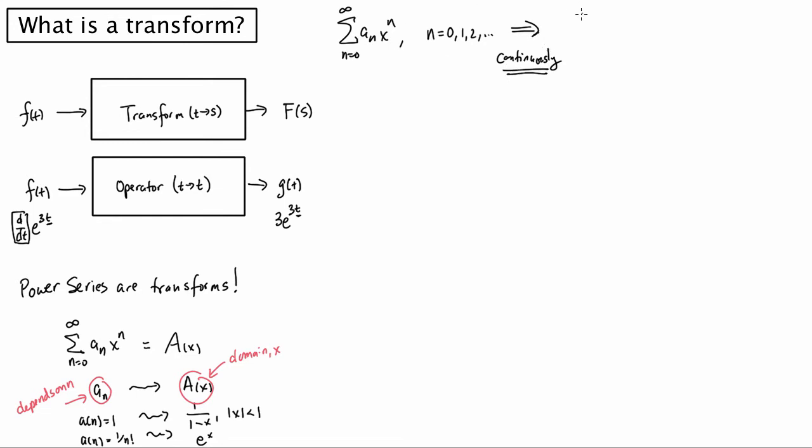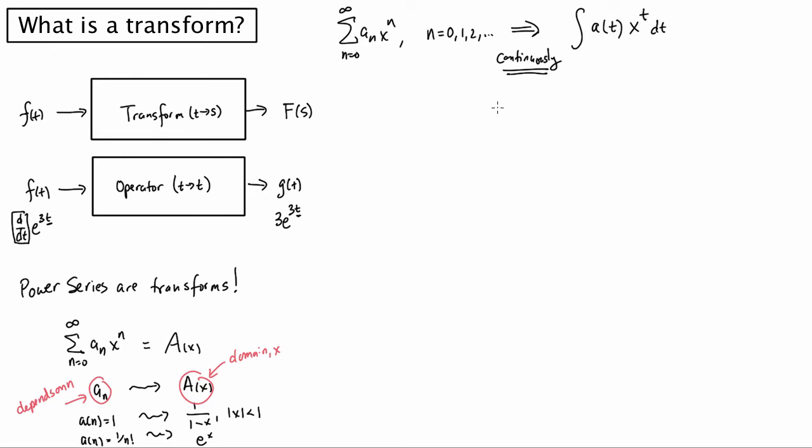I would replace the sum with an integral. I would be looking at a as a function of a continuous variable, we'll call it t, and x is also raised to the continuous variable t. And this is where t ranges from, well, some value here.